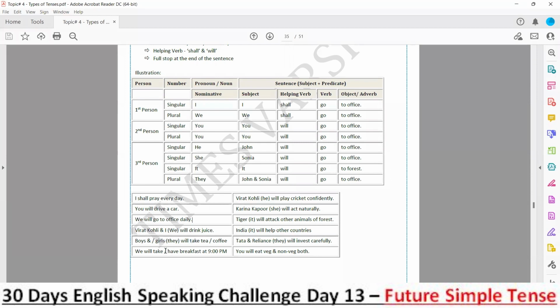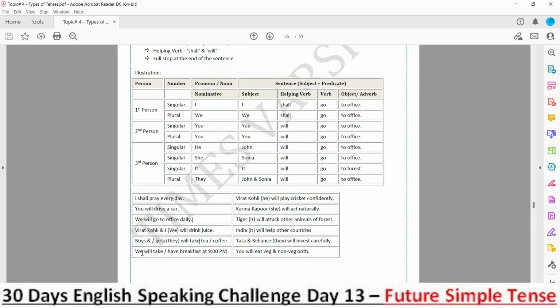Whenever you see a slash, it means you can use the verb take. So you can say, we will take breakfast at 9 a.m. Otherwise, instead of take, you can also use the verb have for eating purposes.